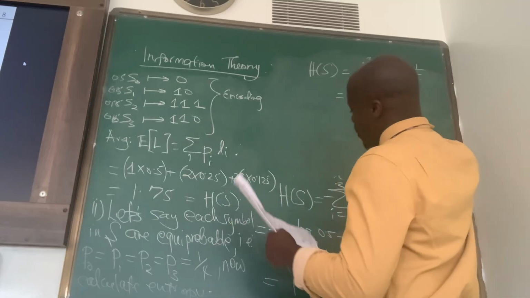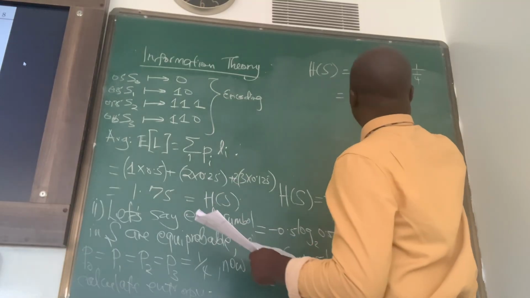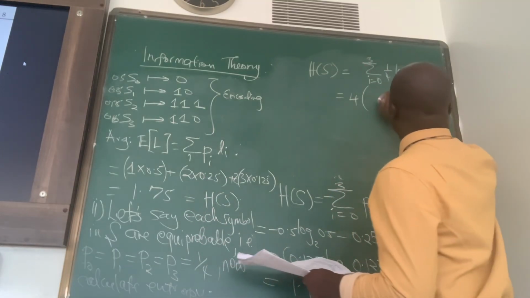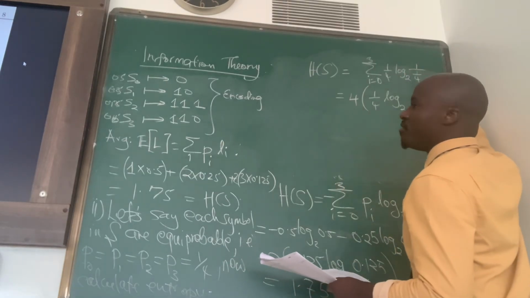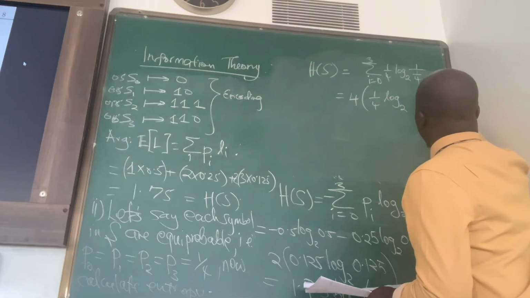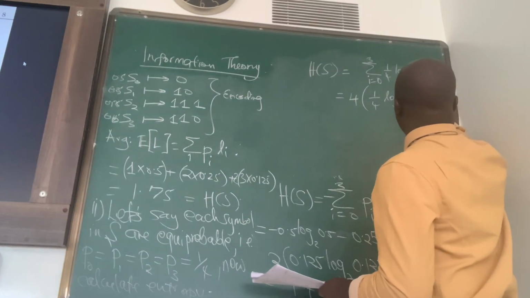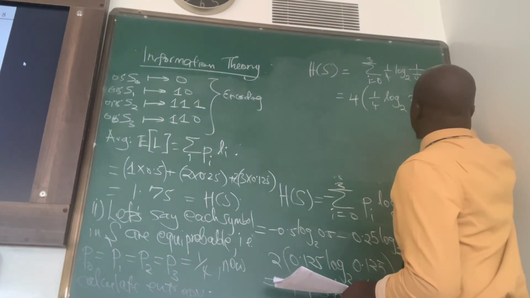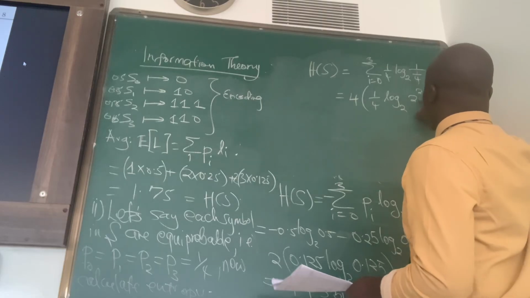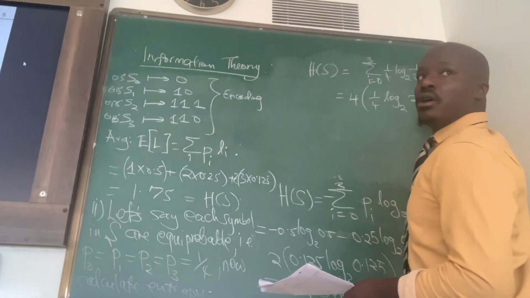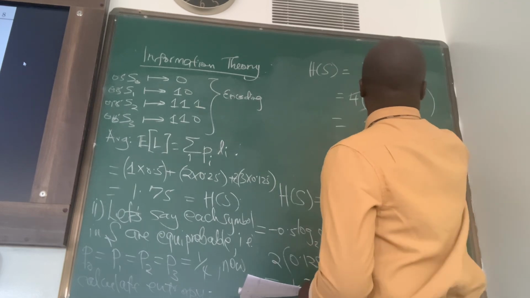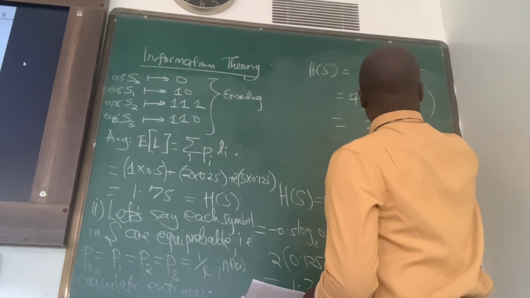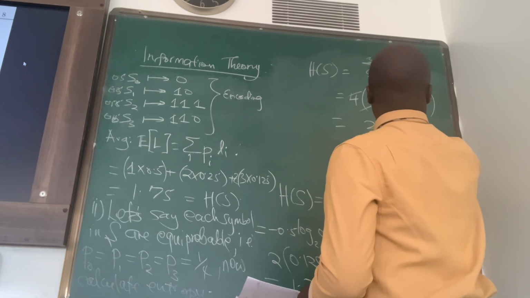Because they're all the same, I can just put these 4 outside and then have inside 1/4 log to base 2. 1 divided by 1/4 is just 1 times 4, which is 4, and 4 is just 2 to the power 2. So log to base 2 of 2 squared is just 2 log to base 2 of 2, which is 1. So this is 4 and 4, this becomes 2 log to base 2 of 2, and this we know is equal to 1.